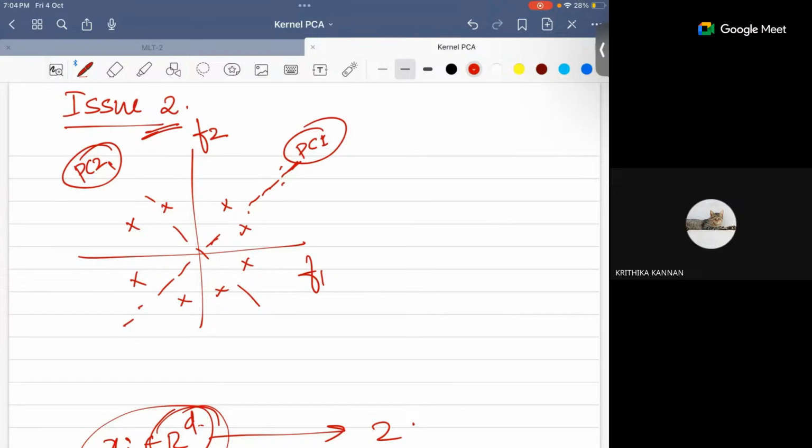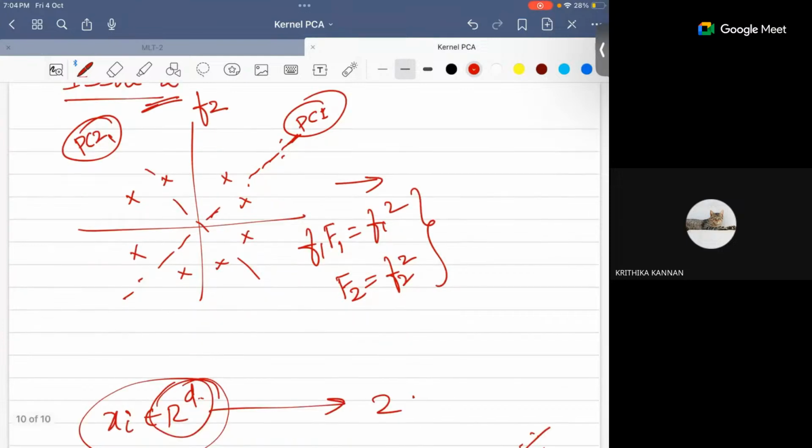What we will do is take f1 squared, and that can be our new feature. Let's say capital F1 and capital F2 are our features. After doing this, we have just increased the dimension, and maybe we can do something else also, like making f1 times f2 or something.